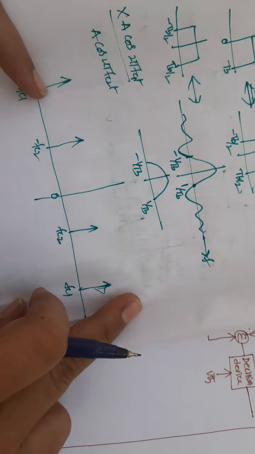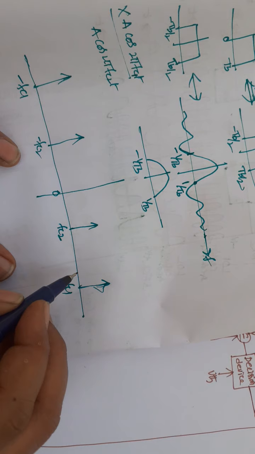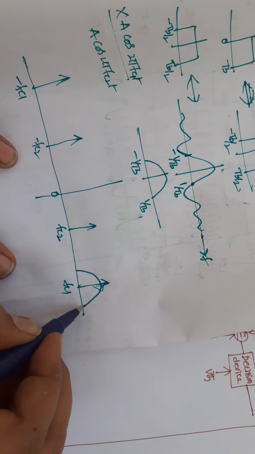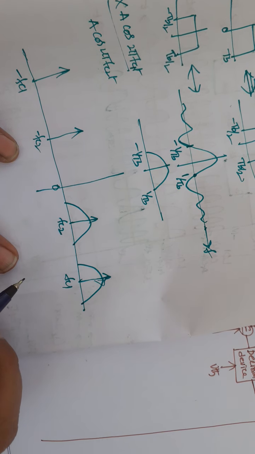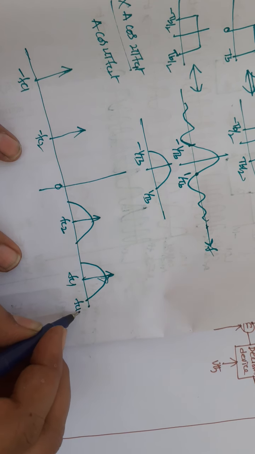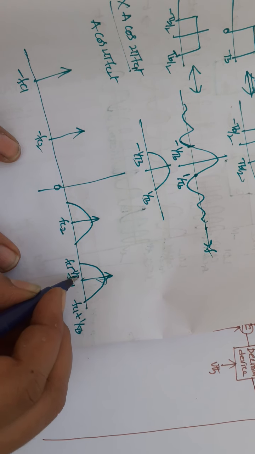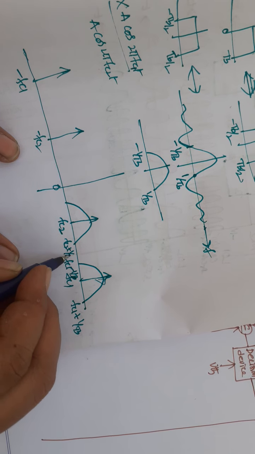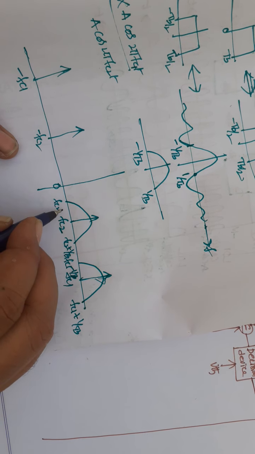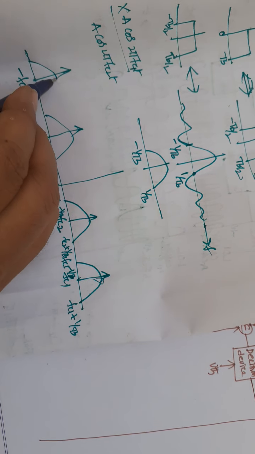Now these two bits, this one is multiplied with this one. So here you will get Fc1 plus 1 by TB, Fc1 minus 1 by TB. Here also Fc2 plus 1 by TB, Fc2 minus 1 by TB. Similarly the same for this one also.